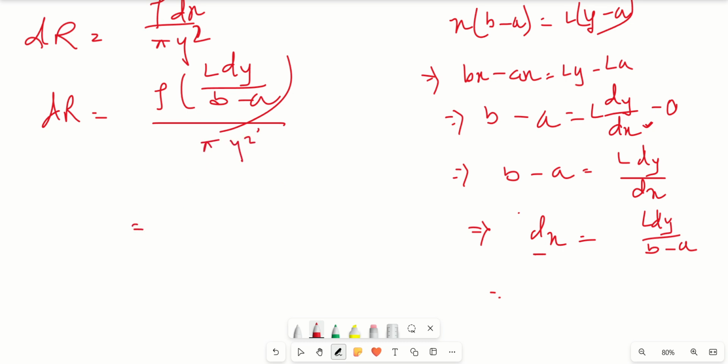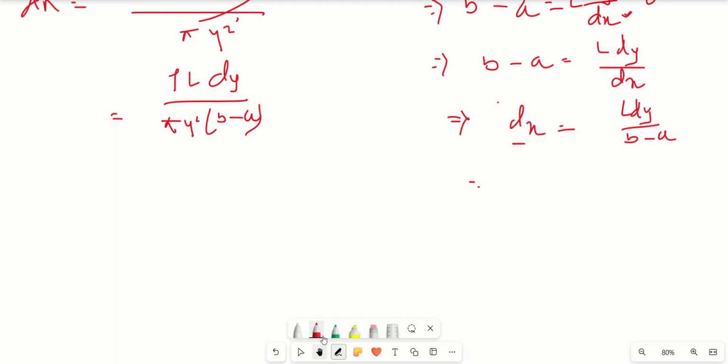Now we can take all the constants aside. So it will be rho L by pi b minus a, times dy by y square.